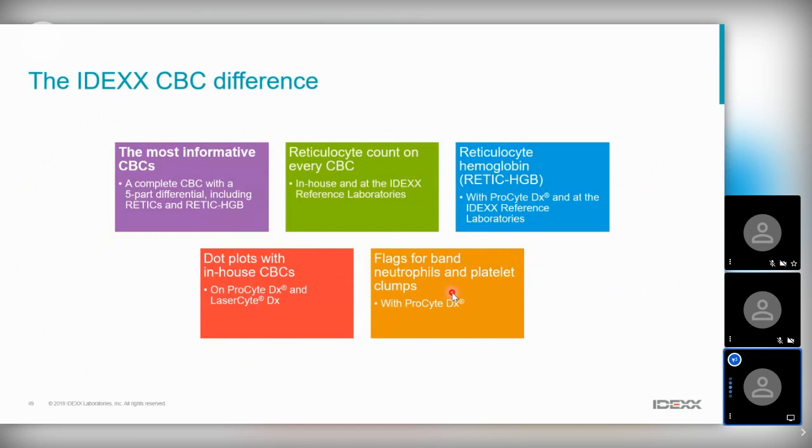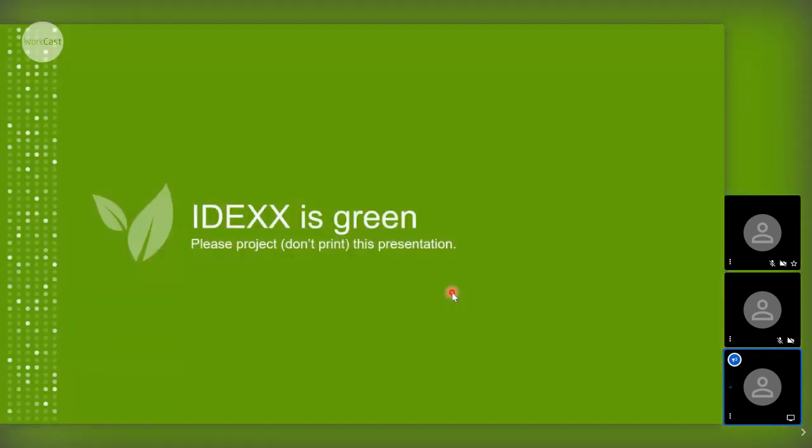Along with that, the most important thing that I find is the flag for band neutrophils and platelet clumps, because pseudothrombocytopenia is very frequent in automated analyzers. So this is how at IDEXX we are different with the CBC. And that was all for today's webinar. We have discussed the CBC, its importance, and how it helps you strengthen your bonds with your clients, because it gives your clients customer satisfaction.